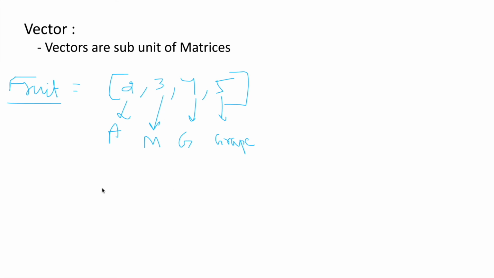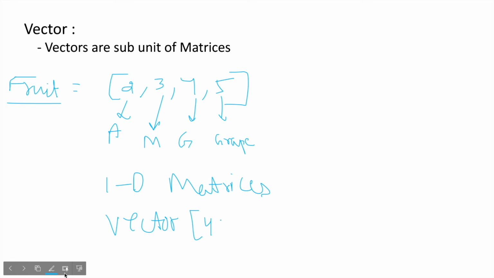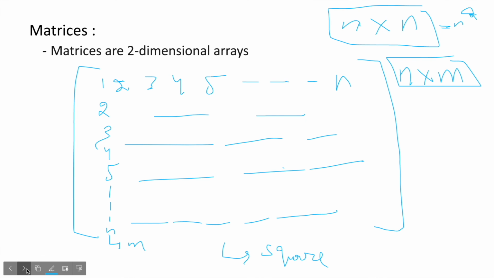This is a 1D matrix, or we can say this is a vector, which is 1 cross 4, so its dimensions will be 1 cross 4, or we can say simply 4. So that's a vector. Both are very similar, just one is a subunit of the other.